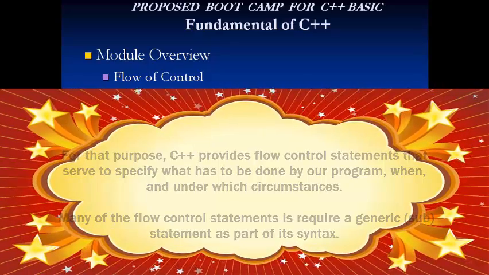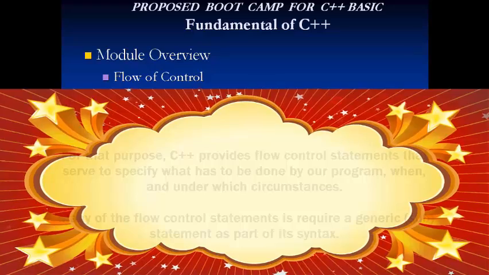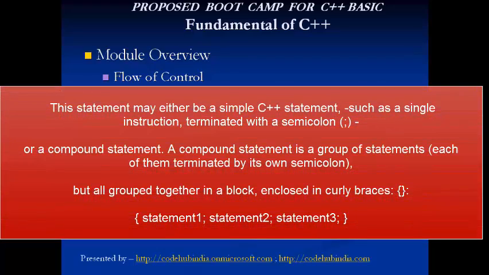Many of the flow control statements require a generic sub-statement as part of its syntax. This statement may either be a simple C++ statement, such as a single instruction terminated with a semicolon, or a compound statement. A compound statement is a group of statements, each of them terminated by its own semicolon, but all grouped together in a block, enclosed in curly braces.